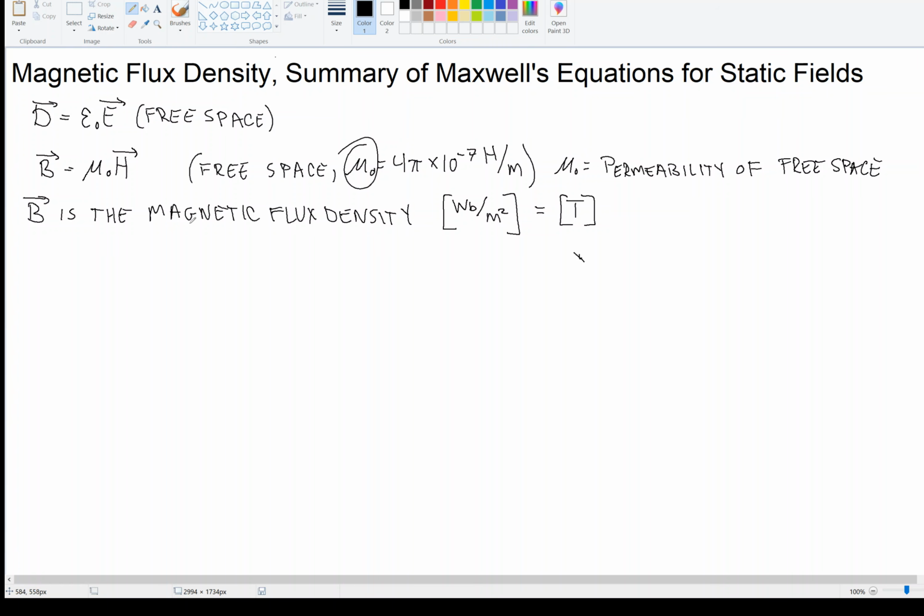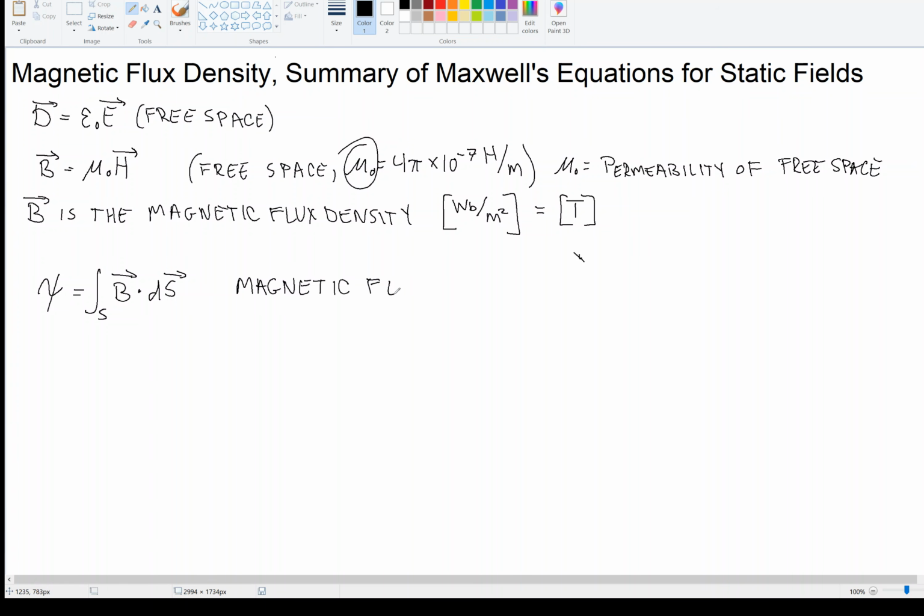And then when we have the magnetic flux density, we can of course talk about magnetic flux. So remember we used psi for flux, but here we're talking about magnetic flux. And that is defined as the magnetic flux through a surface is going to be the integral over that surface of the magnetic flux density dotted with a surface element, like that. This is the magnetic flux.